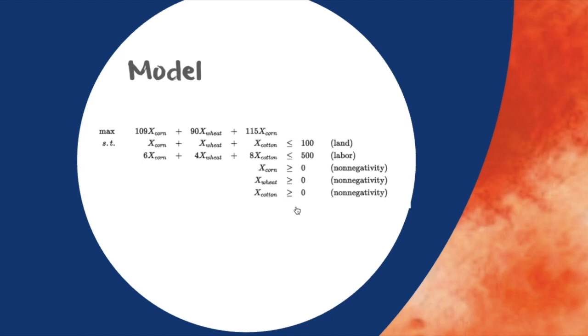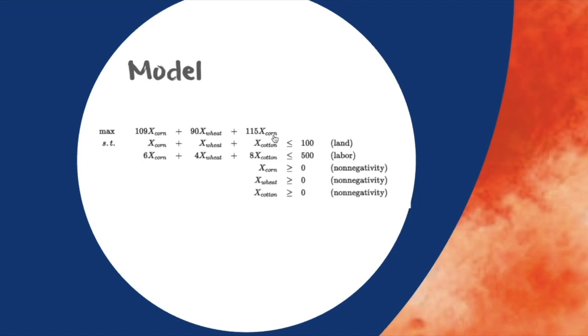It's a basic maximization model, and the objective function is 109 times x corn, plus 90 times x wheat, plus 115 times x cotton.